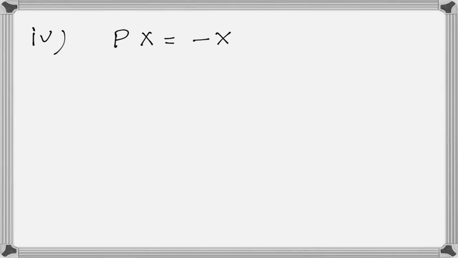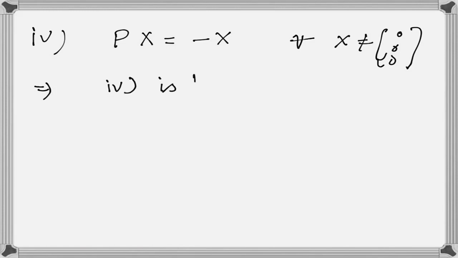This is true because P is minus I. So we can say that for all x not equal to (0, 0, 0), 4 is true. So out of 4 options, only the last one, the fourth one, is correct, because the other 3 are satisfied only if x is equal to 0, but x is given to be non-zero.